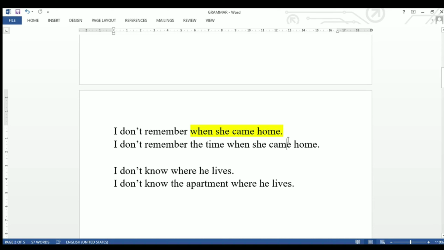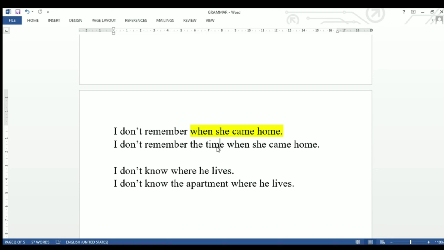Okay. And here, I don't remember the time when she came home. I is also a subject. Remember is the verb. The time right here is the object of the verb remember. But if you just say I don't remember the time, we don't know which time he or she is talking about.